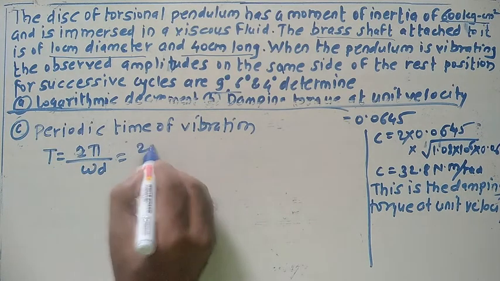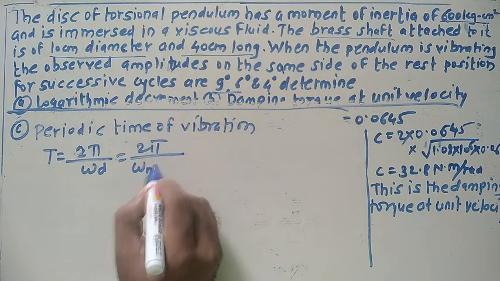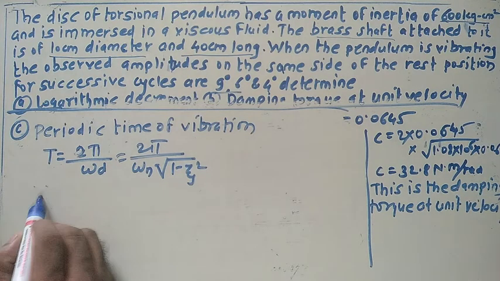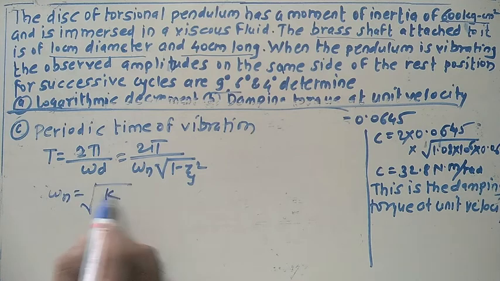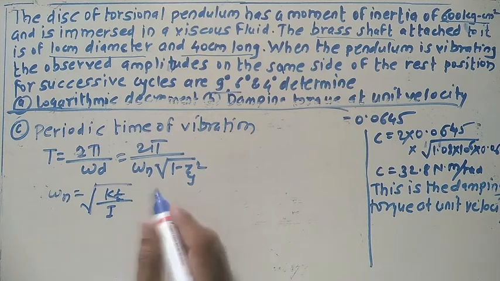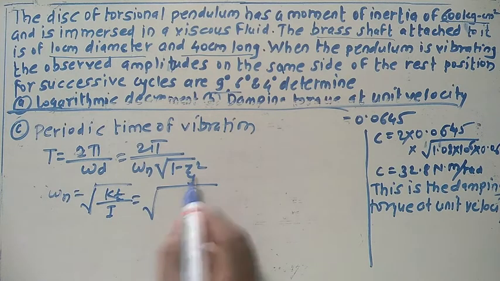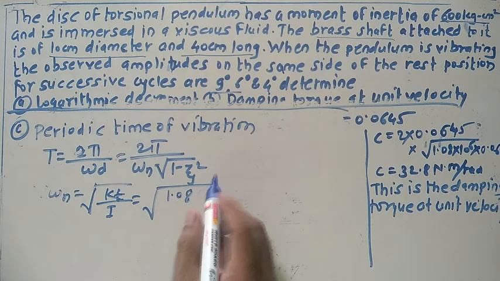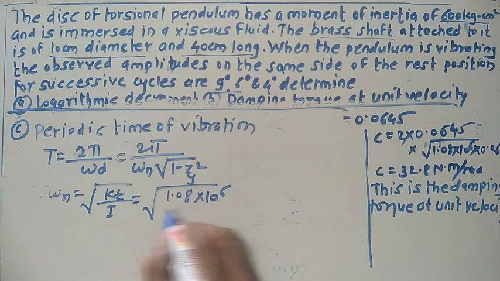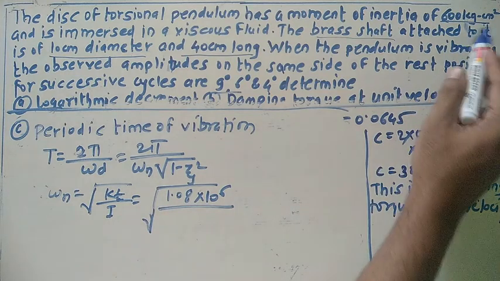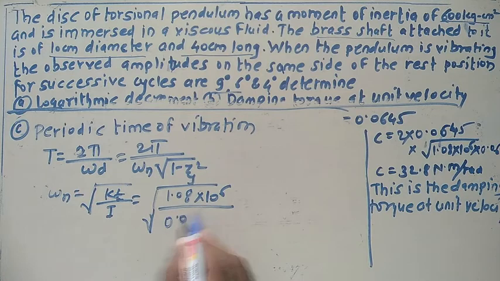We know the relation between omega d and omega n is omega d equals omega n into the square root of 1 minus zeta square. Omega n is the square root of kt by I for the torsional system, that is 1.08 into 10 raised to 6 divided by the moment of inertia, 0.06 kilogram meter square.